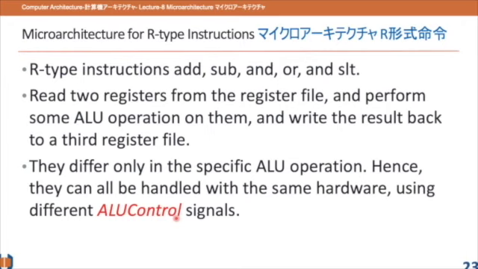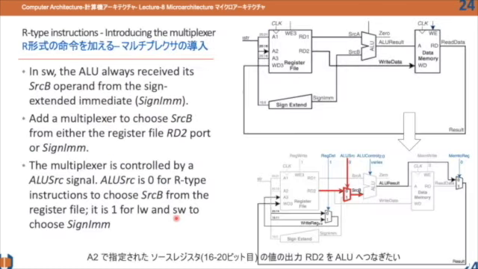Quite interesting. So we will now design the hardware that can handle the R-type instruction on top of the datapath that we have for load word and store word instruction. Basically we will add some multiplexers to the existing datapath that we developed for load word and store word instructions.